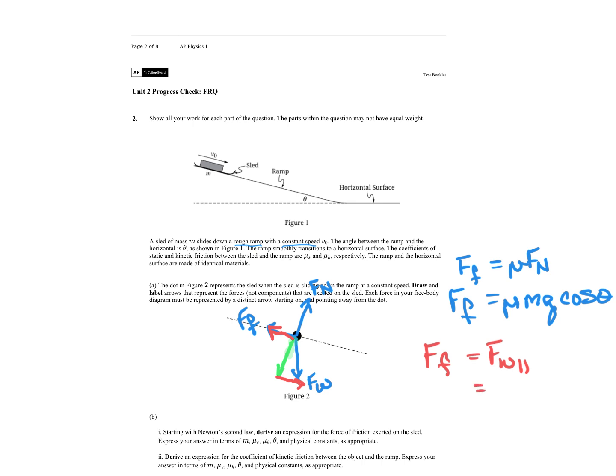So to expand on that, I would have mg sine theta. You see what I'm saying? If this is my friction going up, and this is the part of the weight going down, if it's at a constant speed, those two forces have to be equal to each other. And this has to be the sine component of this force weight. You guys good with that?